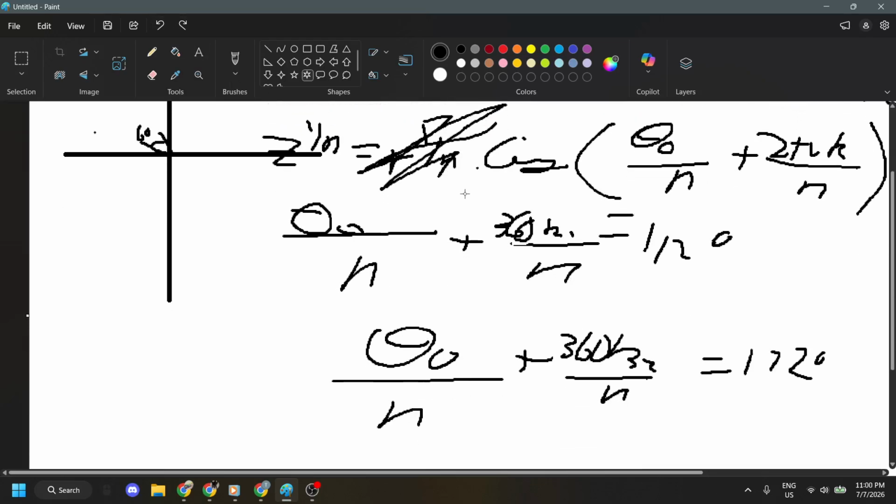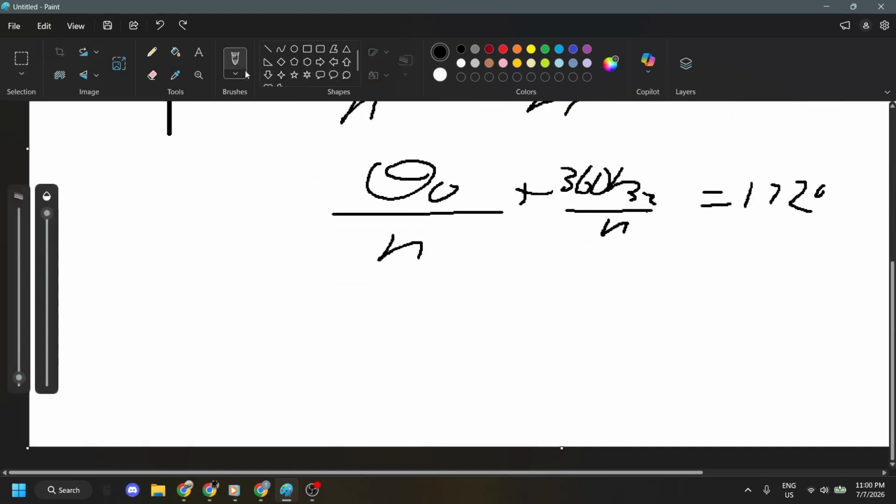So, 360 over n has to be able to sum to 60. So 360 over n, where n is equal to 6, we get 60, which works. But also n is equal to 12 works, and n is equal to 48 works.